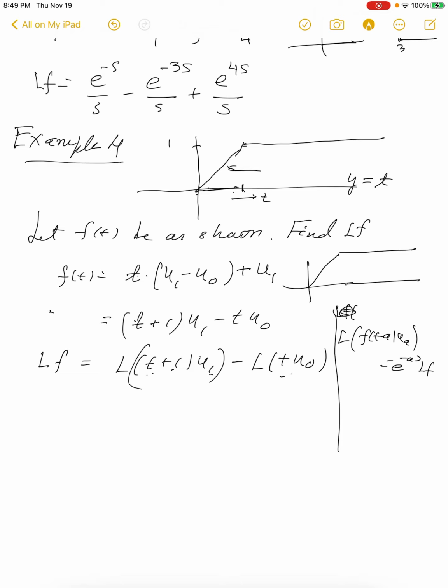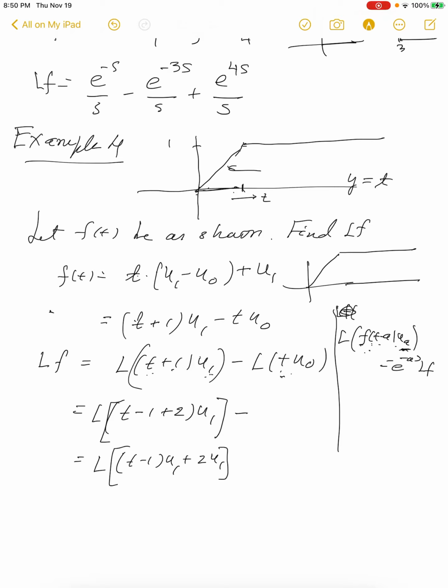And your a is 1. So you have to write this as t minus 1 plus 1 plus 1, that is plus 2, because you will not be able to apply this formula otherwise, since your a has to be 1. In order to apply this formula, your f must be of the form f of t minus a, and here it is t plus 1, it should be t minus 1. So I want to write it like this and then split this in two terms, t minus 1 u1 plus 2 u1.